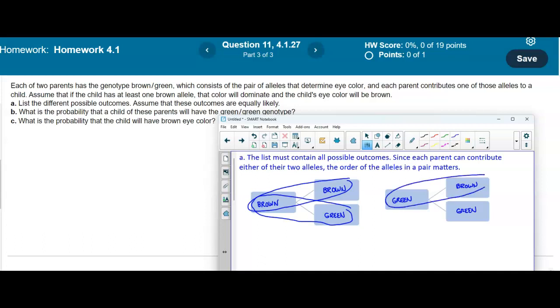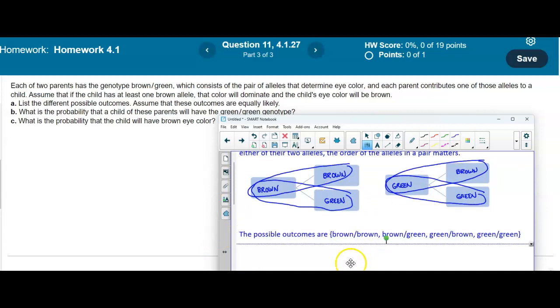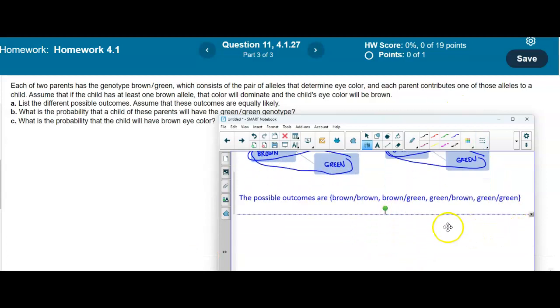So we have another option of green brown or another option of green green. So that means we have a total of 4. Okay, so the possible outcomes are brown brown, brown green, green brown, and green green.